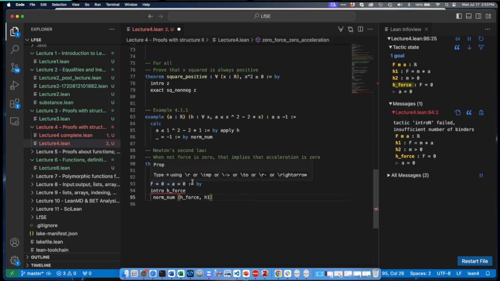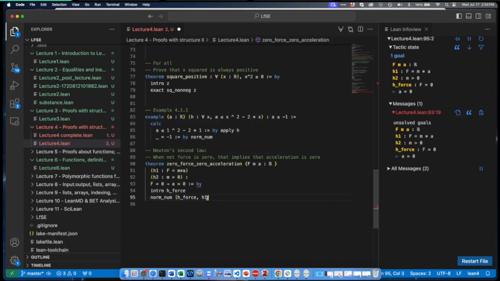Well, the problem is if m is equal to 0, this does not hold. Did I have an extra space here? There we go. But we still have unsolved goals.